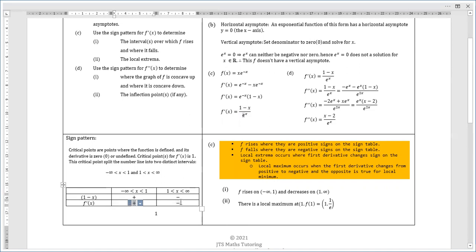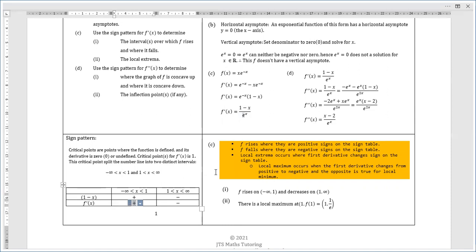I've got some notes here to help you understand how to manipulate this sign pattern. f rises where there are positive signs on the sign table, and f falls where there are negative signs on the sign table.